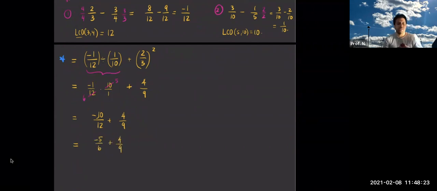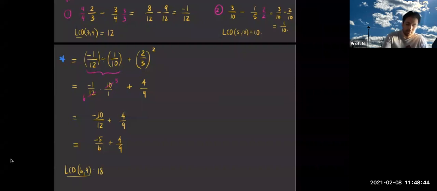And again, we want to make our numbers as small as possible, so we don't have to worry about the calculation as much. And then what's the LCD between 6 and 9? 18, very good. 18 is the common multiple of 6 and 9. So I need to multiply this by 2/2. I need to multiply this by 3/3. And I get negative 15/18 plus 8/18.